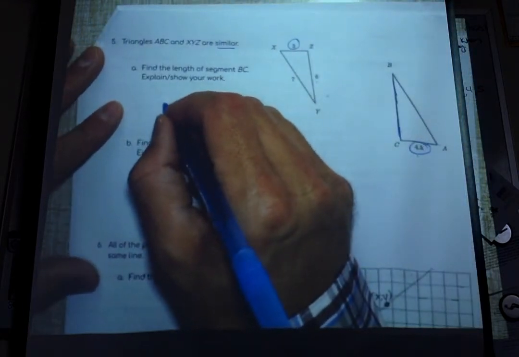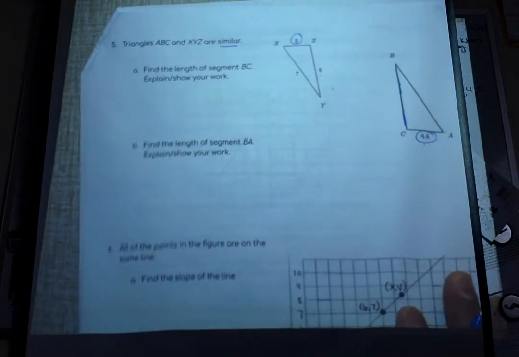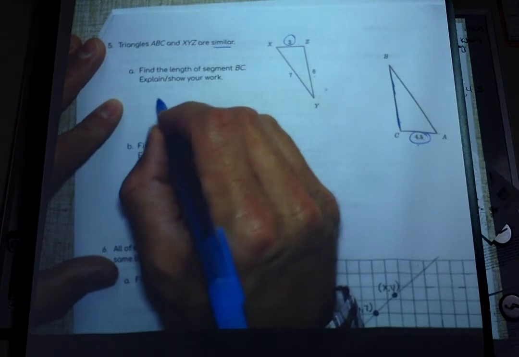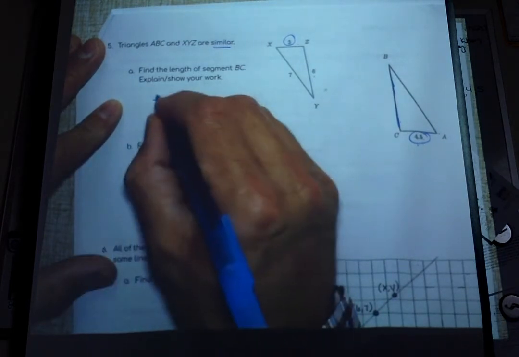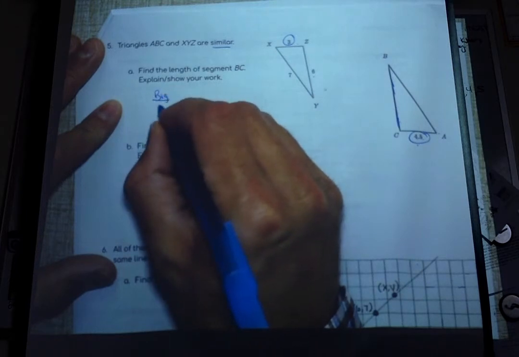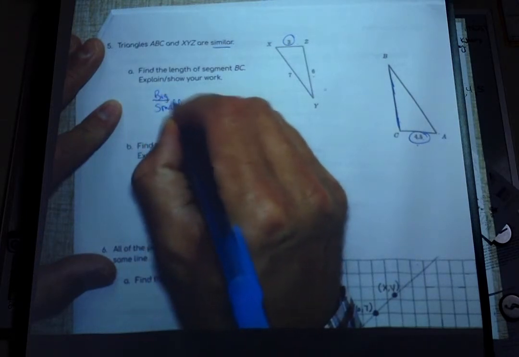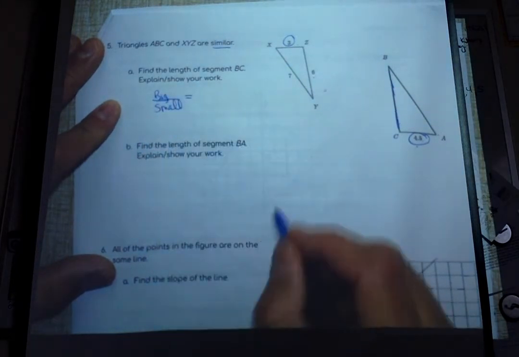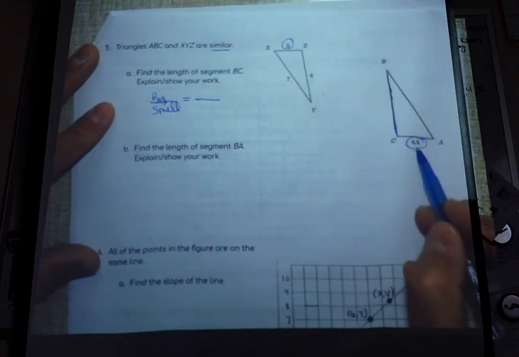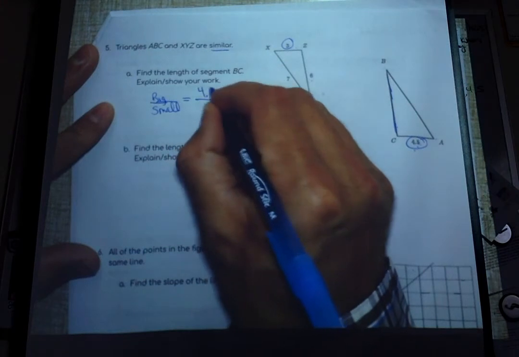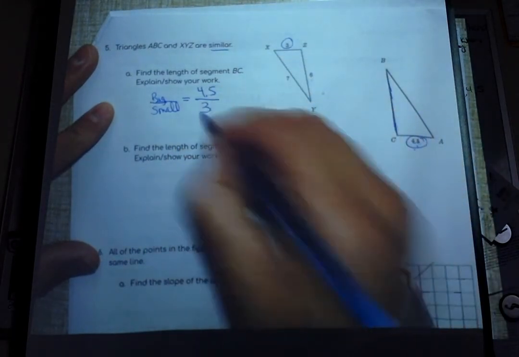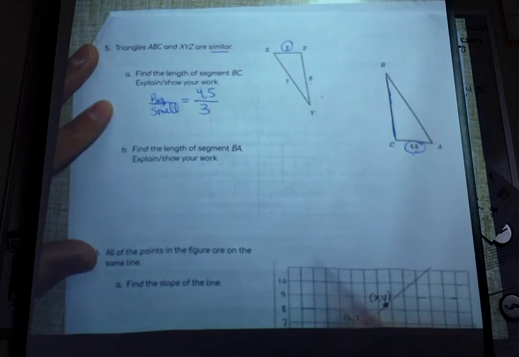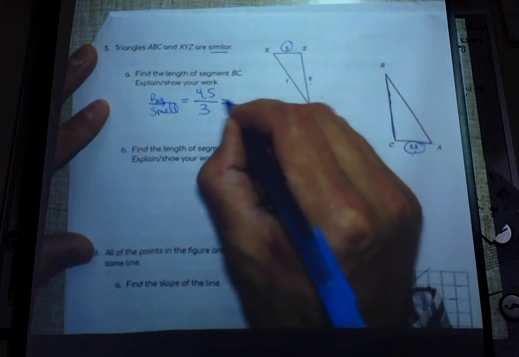So what we're going to do is set it up as a proportion. I'm going to go from my big triangle over my small. That's how I'm going to set it up. So my big triangle is the one on the right here. What we know is the big one had a 4.5, and it corresponds with this side length, 3. We set it up just like that, and I'm going to set it equal.